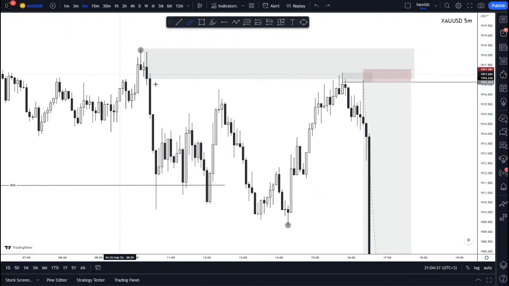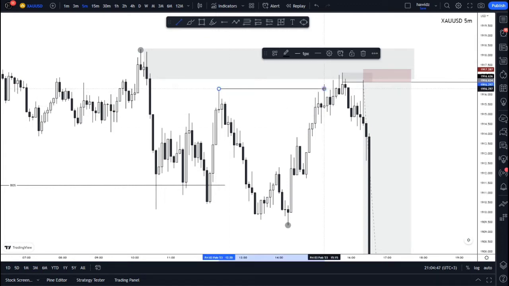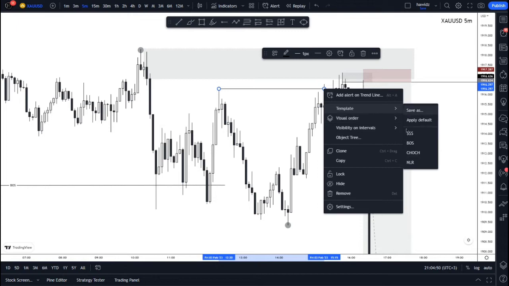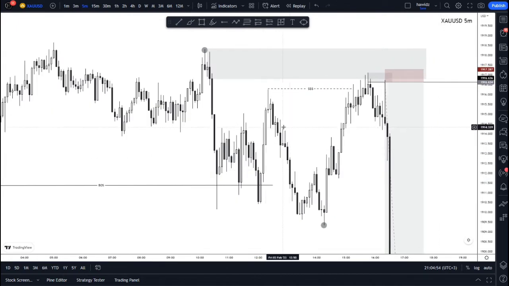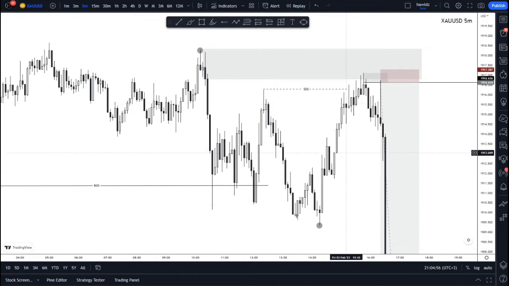So this area was pretty much unmitigated yet. We presumed that this high right here was holding liquidity, since it's a swing high. So from there we saw price come down, take out this liquidity, and then give us that markup again.